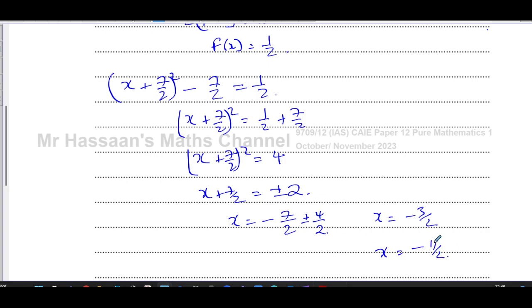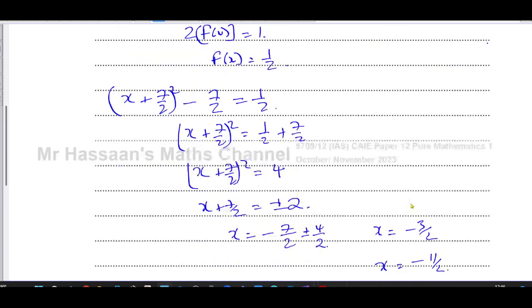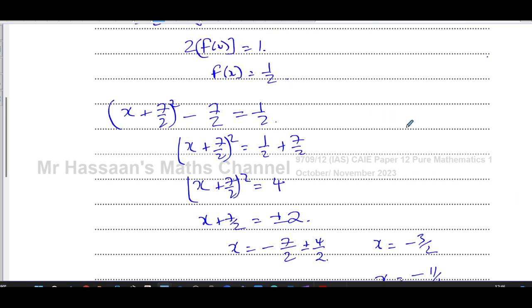Now, if we look at our domain, we can't use x equals minus 3 over 2 because our domain for function f, what can go into it, is x less than or equal to negative 7 over 2.